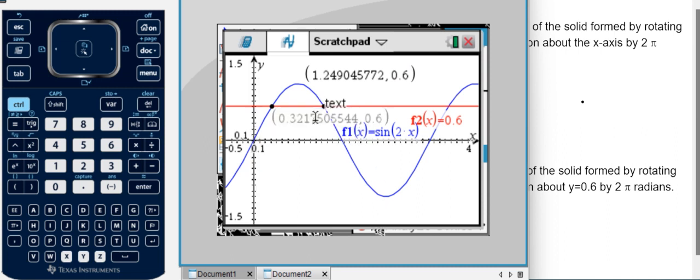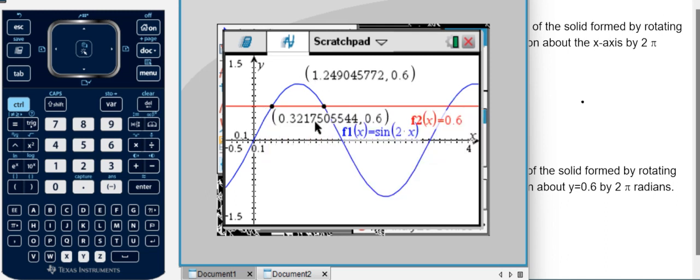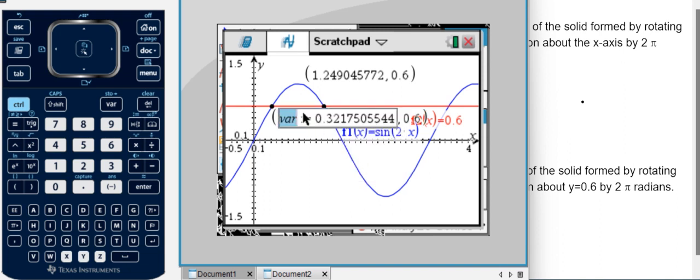Now I need to save this x coordinate. So for example, I can save it to, sorry, let me save this again. Save not the whole thing, just the x. All right, and then store it and put in the variable a here. Now it's become highlighted.